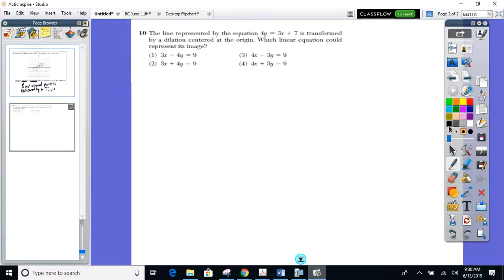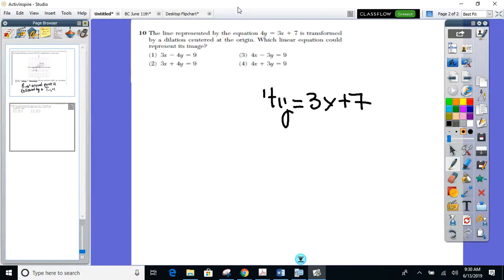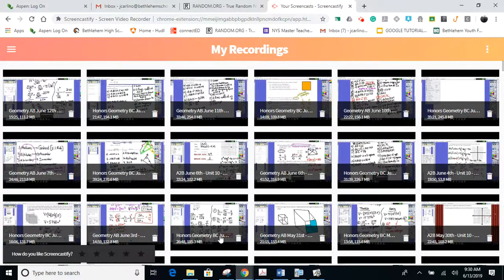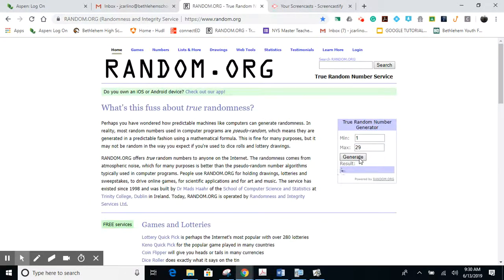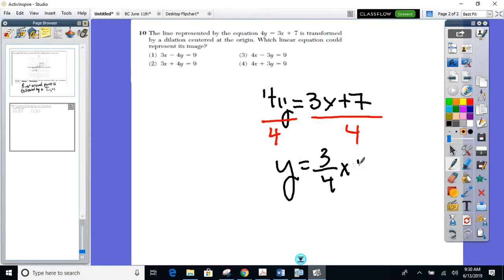All right, so I'm going to ask you guys whether you tried it out or you didn't. Help me find the slope of this line. What's my first move here? Let's hear from 21 first. How do I find the slope of this line? Divide by 4. Thank you. So y equals 3/4 x plus 7/4.